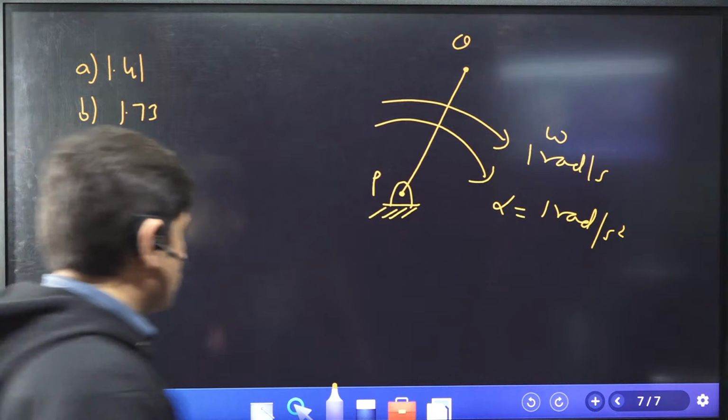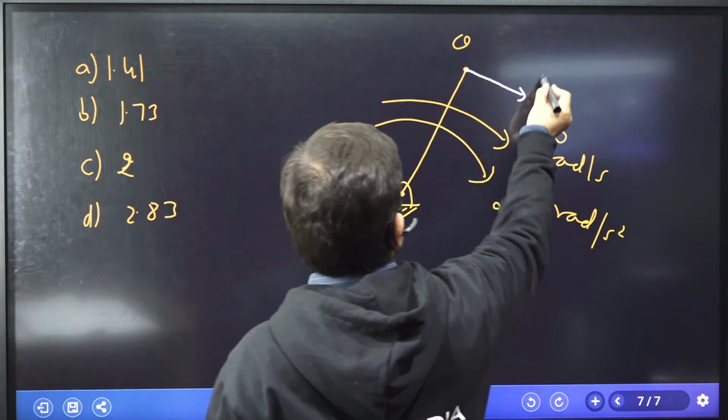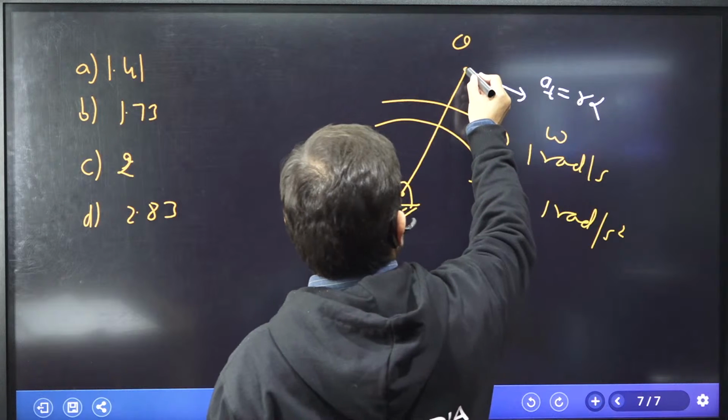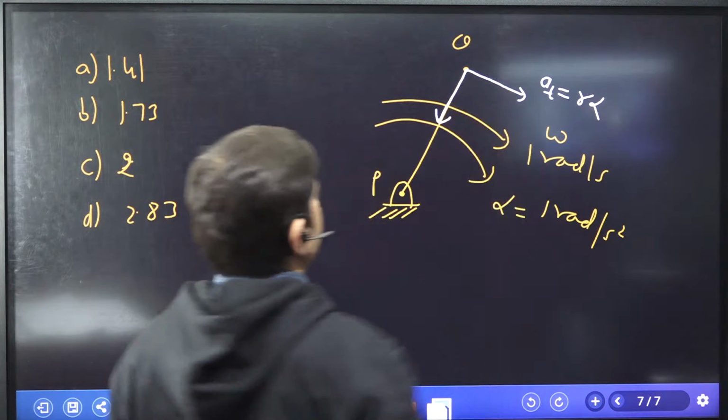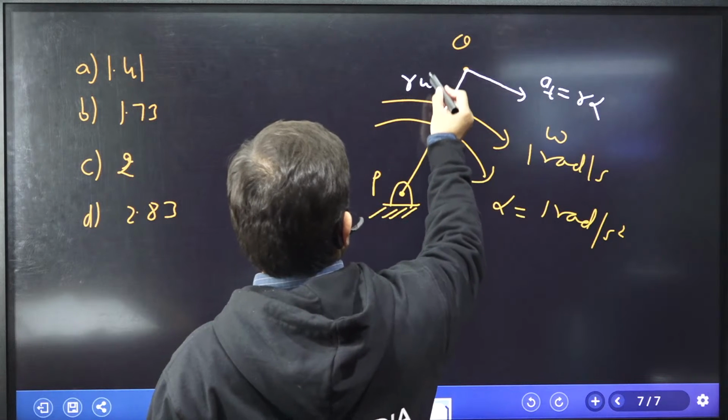Now let me ask you a question. What kind of acceleration do you think will be there? One is the tangential acceleration which is equal to r alpha. The other is the centripetal, radial acceleration, which will be equal to r omega square.